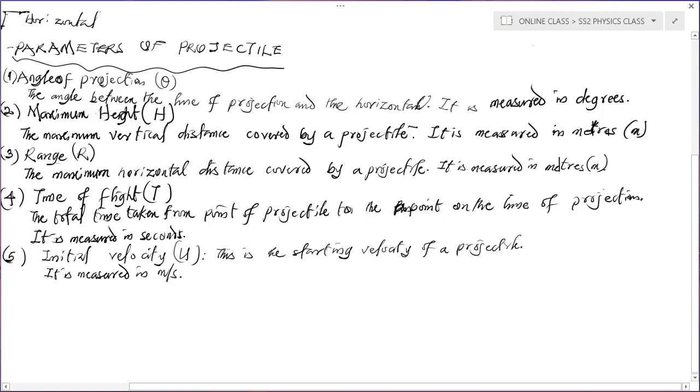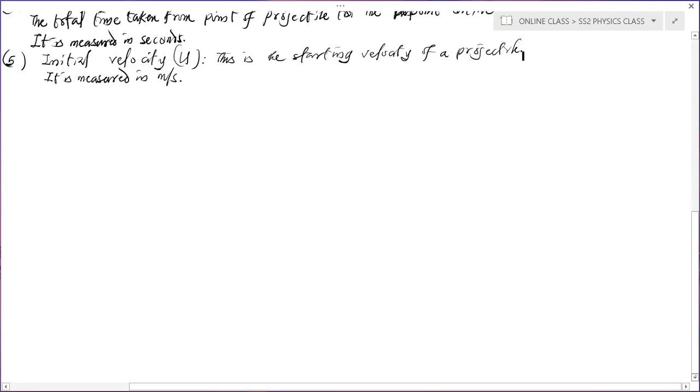Now, having defined all this, we still have some other things to consider, and those are the things that determine all the equations.